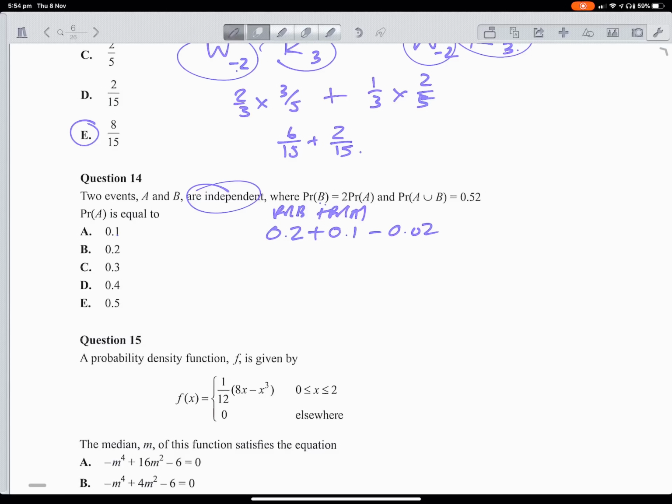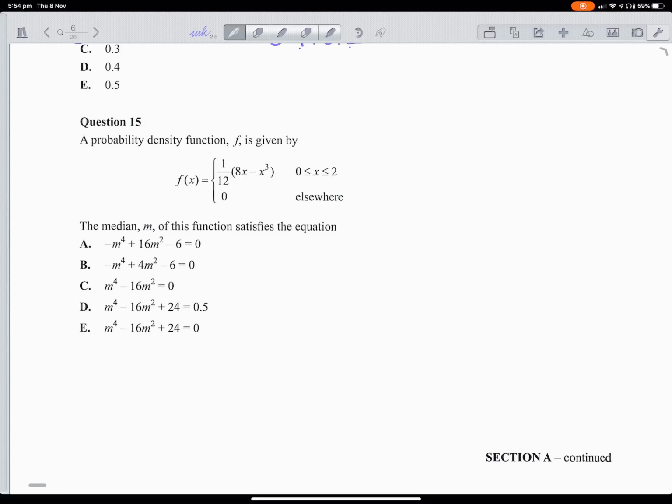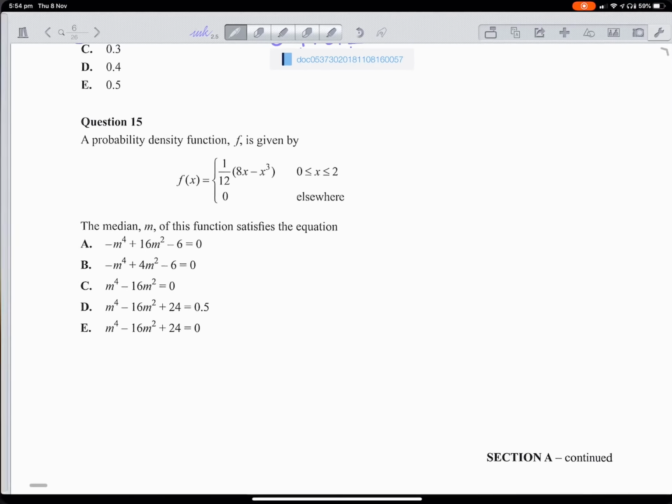So it's not that. With 0.2, I would get 0.4 plus 0.2 minus 0.4 times 0.2, which is 0.08, because we know that if they're independent, the probabilities multiply. And that is 0.52, which is A or B. So that's 0.2.